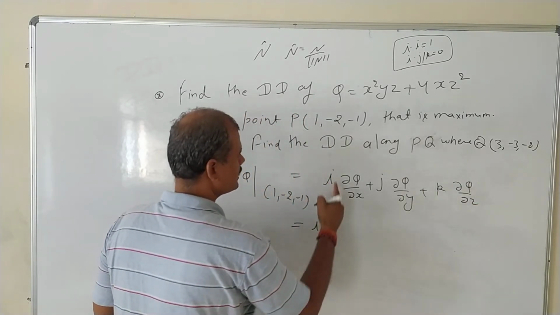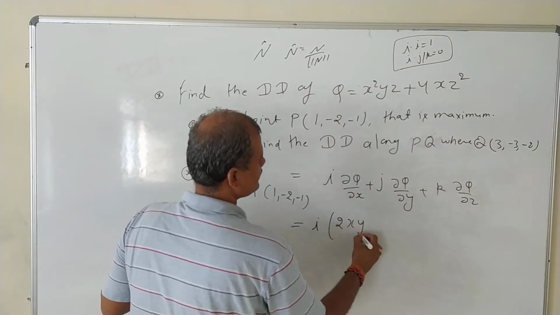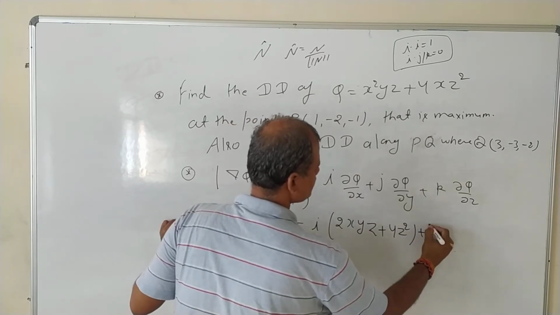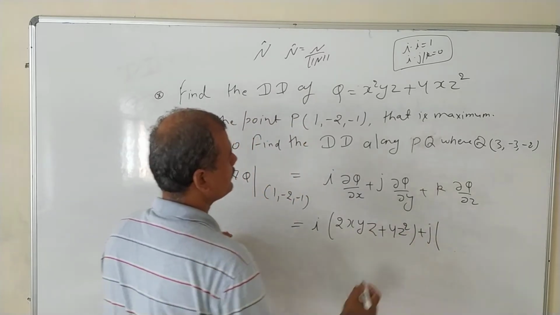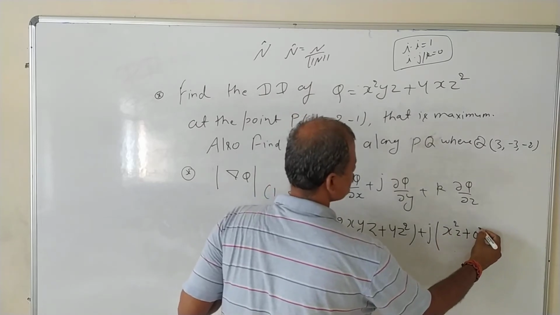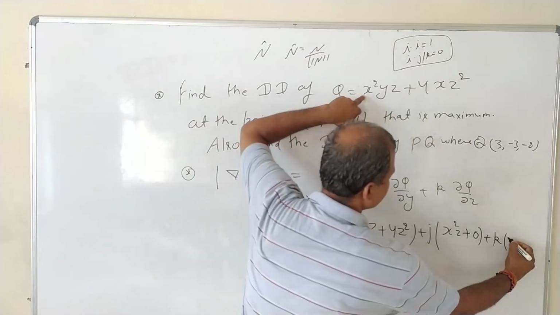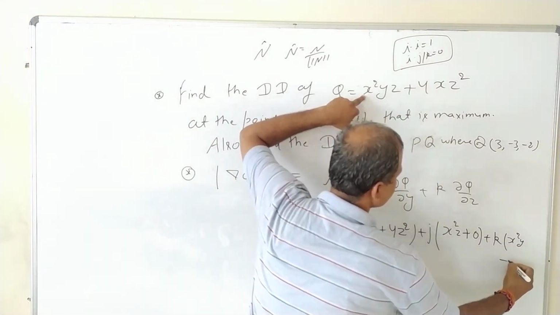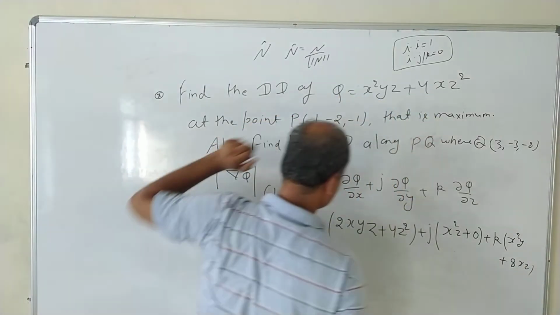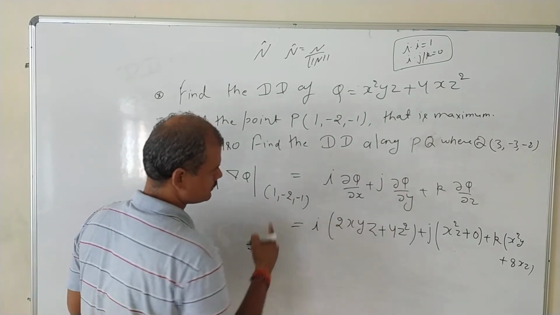So i del phi by del x, we get 2xyz plus 4z square, plus j del phi by del y, so we get x square z plus 0, plus k del phi by del z, so here we get x square y plus 8xz.